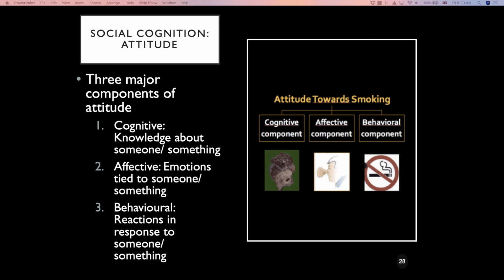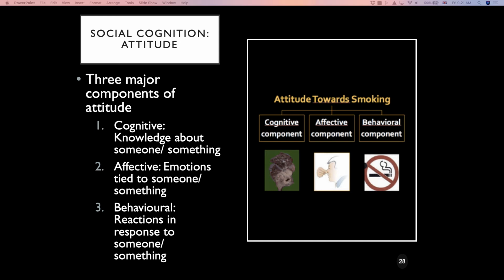Now, your behaviour should reflect your cognitive component, your thought process, and your affective components. If this is out of balance, if your thought process and your behaviour are out of line, we call this cognitive dissonance. When your thoughts and your behaviours do not match.